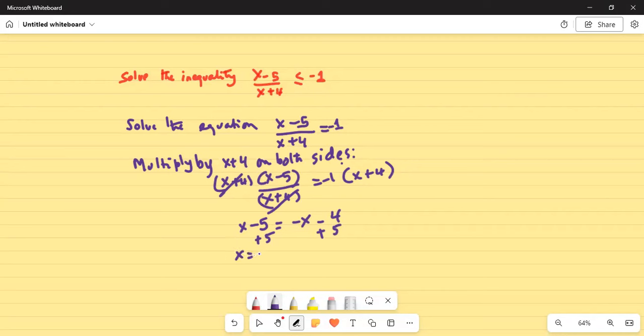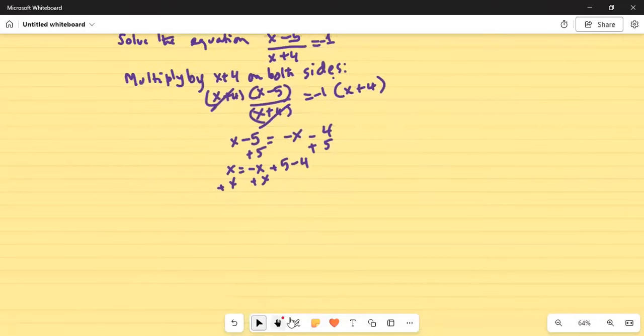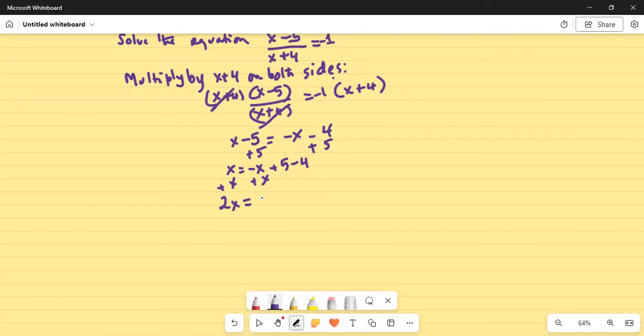So x equal to minus x plus 5 minus 4. I add x on both sides now. So I get on the left hand side 2x equal to 5 minus 4, which is 1. So x is equal to half is the solution.